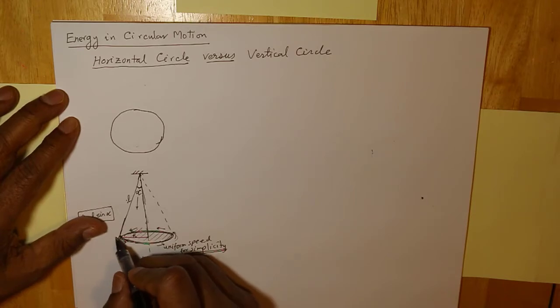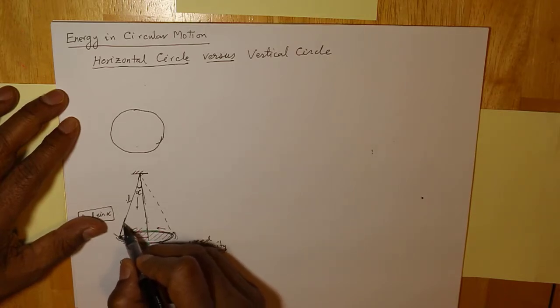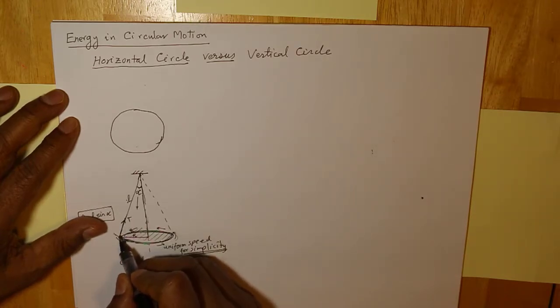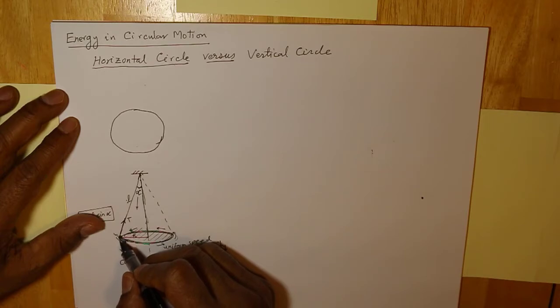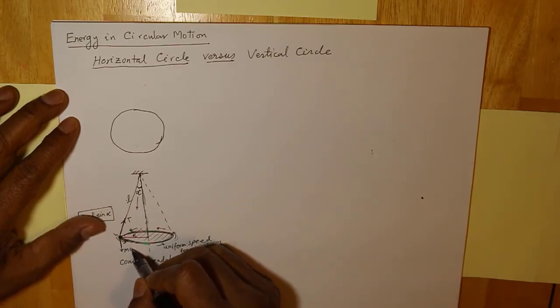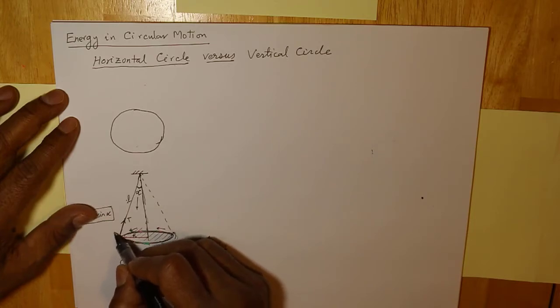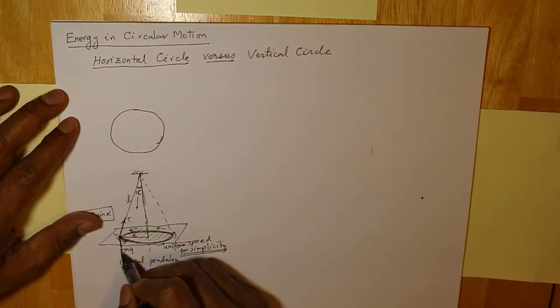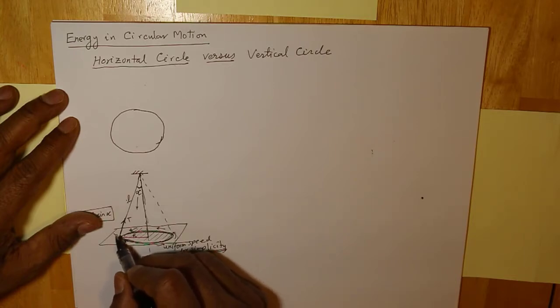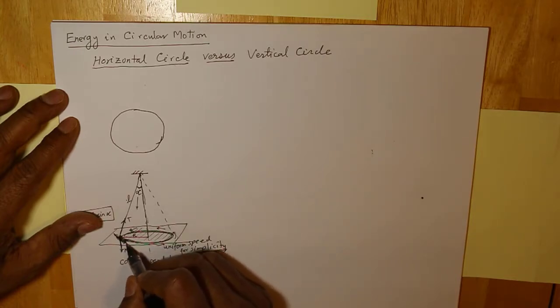Another thing that happens is, if you look at the tension here and the gravity here, mg is 90 degrees to this plane in which it's moving, so mg is perpendicular to the direction in which it's moving.